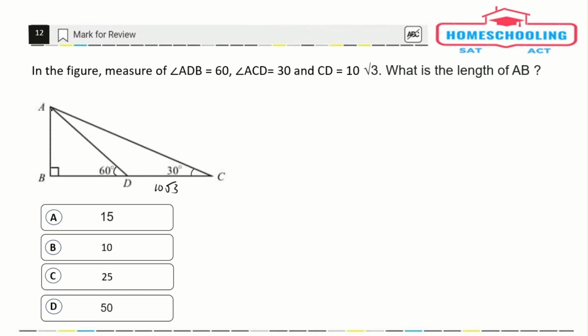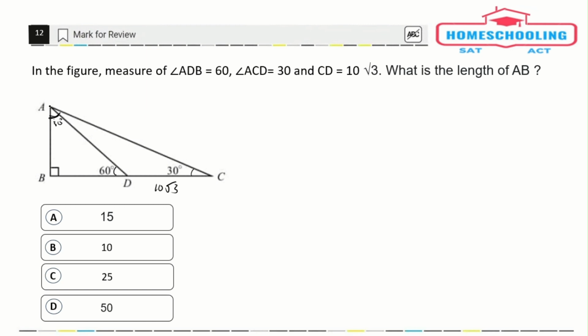So first we will take this smaller triangle ABD. As we know, this one is 90 degree, this one is 60 degree, so this one here would be 30 degree.